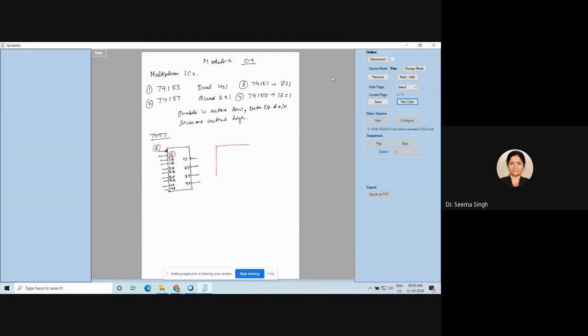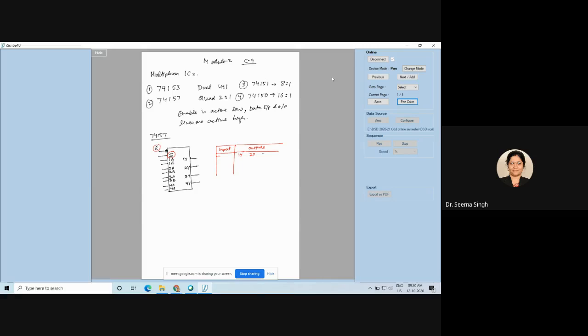I am showing you that you have inputs. And which are the control inputs now? Can somebody tell me which is called a control input? See, you do not have control using your data lines. It is just a simple connection.